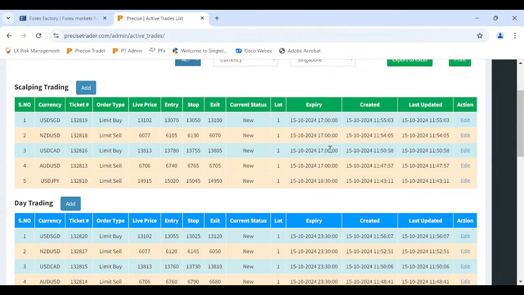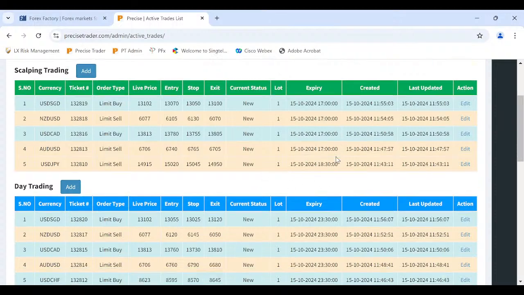We need to change this to another 2 hours, because the data is at 8:30, so we'll extend all these signals for another 2 hours. For those of you who have taken the screenshot, please put an extension of 2 hours.